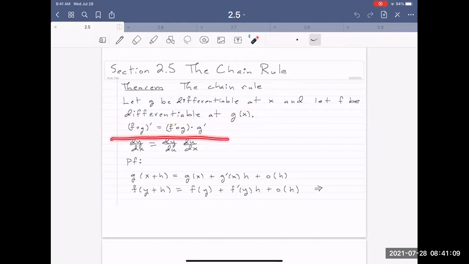Then f composed with g, well, the derivative of the quantity f composed with g is equal to the derivative of f composed with g times the derivative of g.